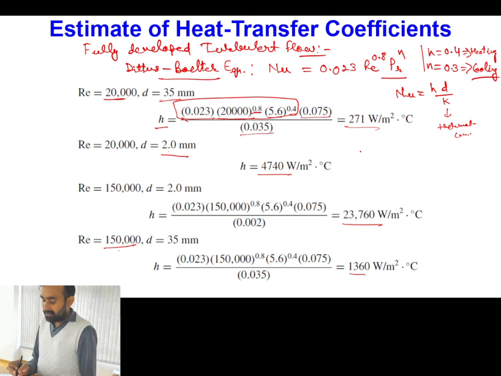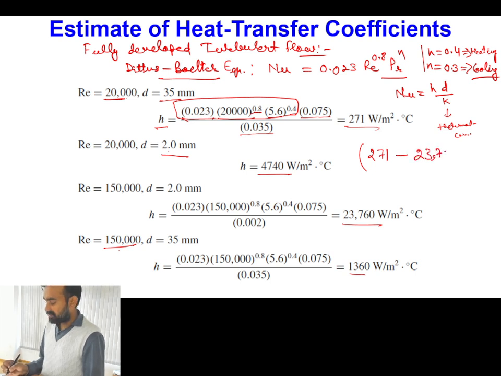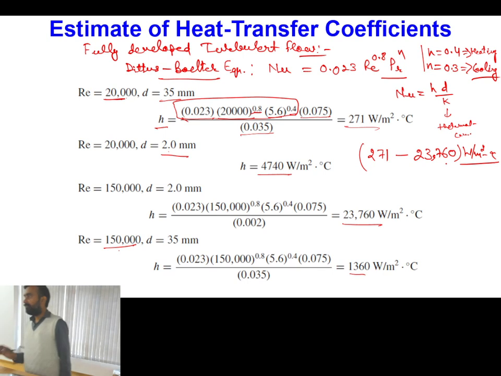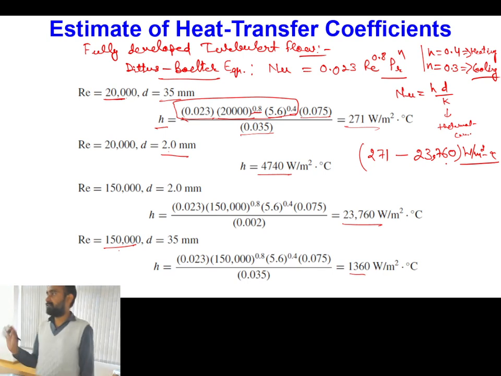So you can see the expected range of heat transfer coefficient is from 271 to 23,760 watt per meter square degree Celsius. Okay. So from here we can see this is the expected range of heat transfer coefficient. Is this one clear?